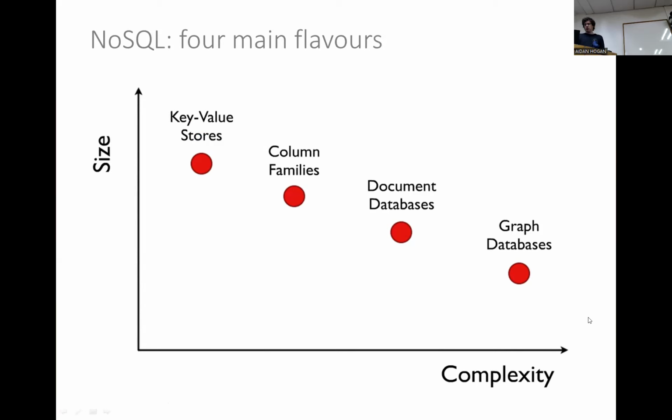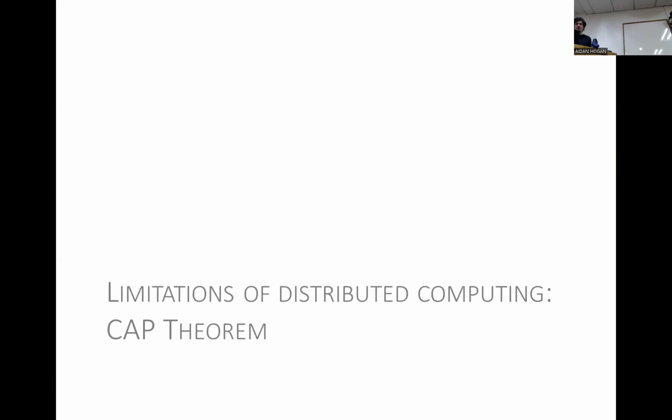So we see that they're more complex, which means that we'll be able to solve more complex queries using them. However, this comes at the cost of decreased scale. So if we really want high scalability and efficiency, key value stores are the way to go, but they are exceedingly simple, yeah, as we'll see soon.